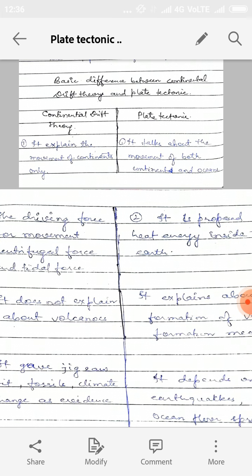In plate tectonics, first, it talks about the movement of both continents and oceans. Second, the proposed driving force is heat energy inside the Earth.